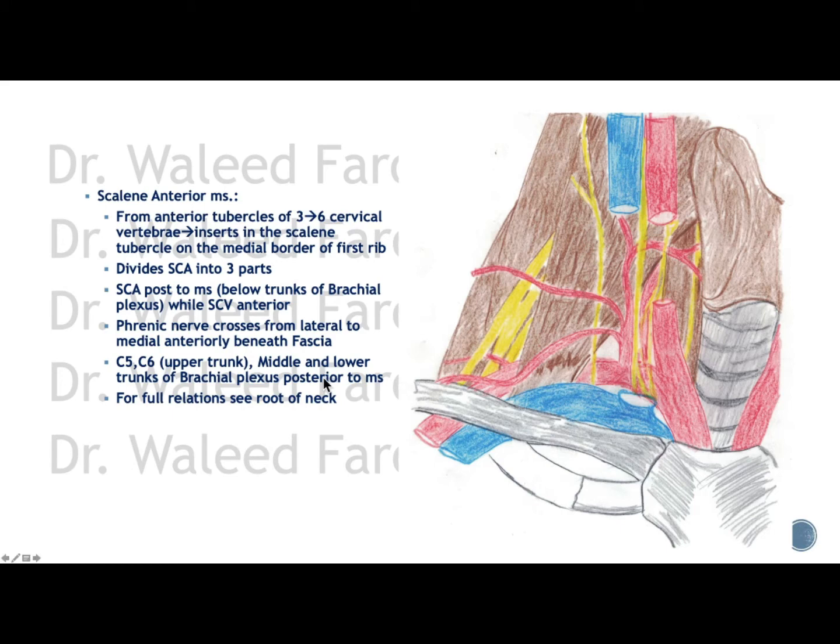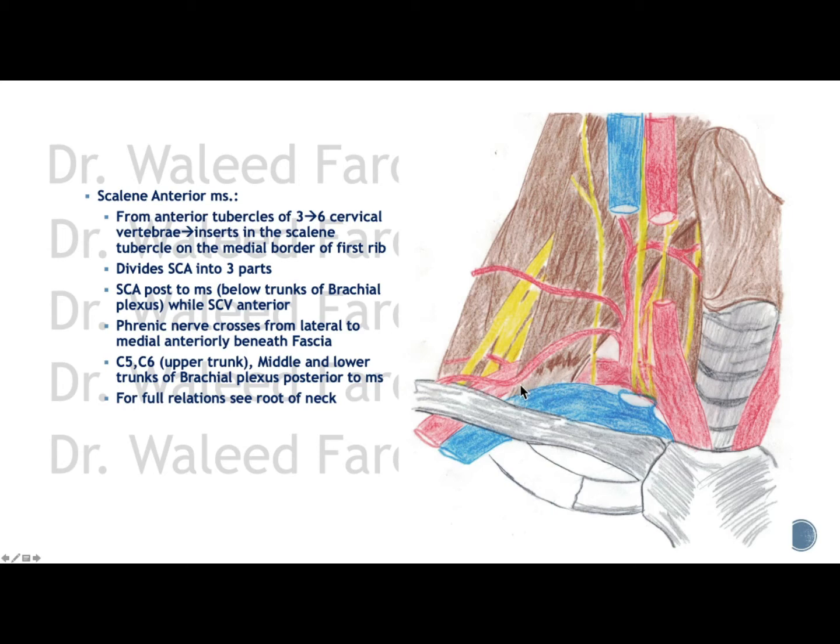Look at this. Now, the scalene anterior muscle is the most important anatomically here, because it's the key to its relations and the key to describing the anterior triangle. Look at this. These are the margins of the scalene anterior muscle.